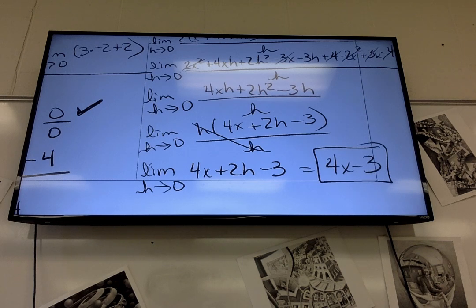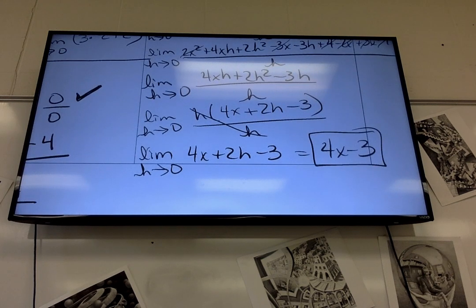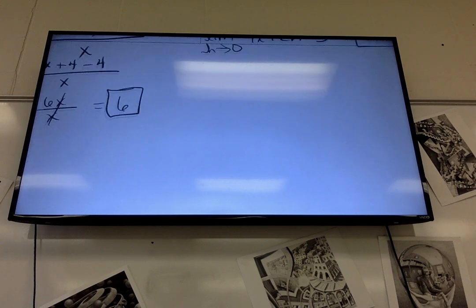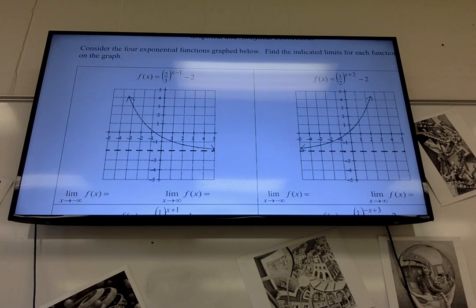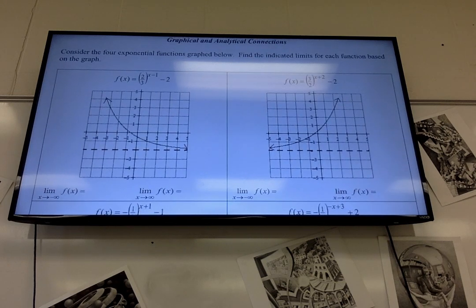This next one is kind of what we missed last year. So this is a remediation lesson as well as a calculus lesson, so I'm going to put the two together. First, what we're going to do is just find the limits. Looking at the picture they've given us, just use the graphs and find those.